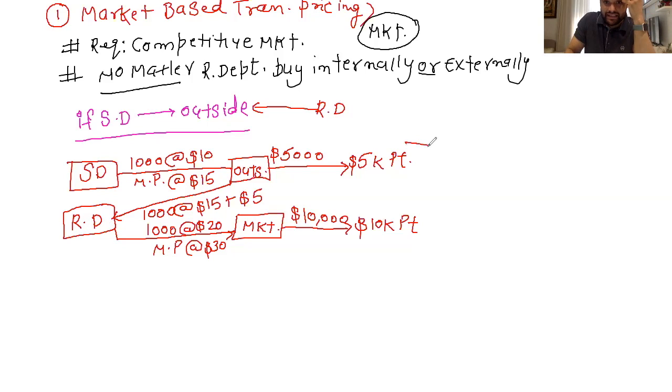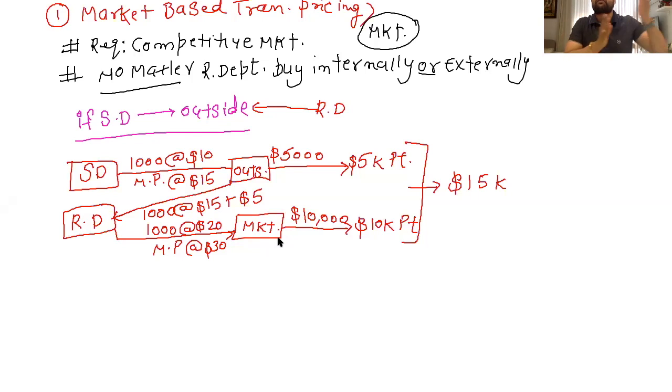As a result, the overall company is making $15,000 profit.